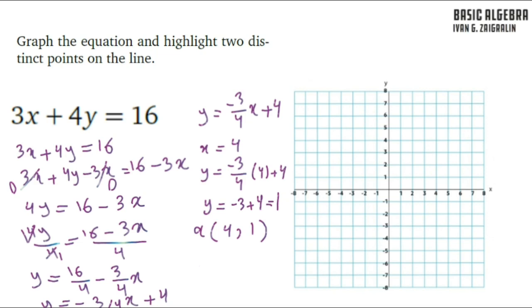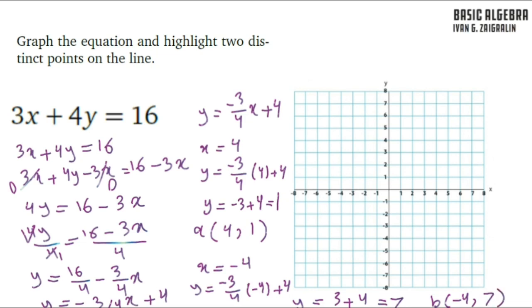For B, x equals negative 4 and y equals negative 3 over 4 times negative 4 plus 4, and y equals 3 plus 4 which equals 7, and B is negative 4 and 7.